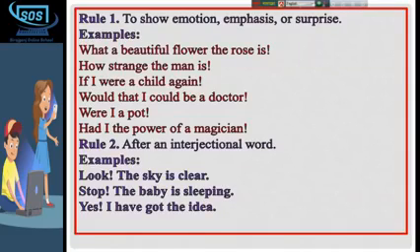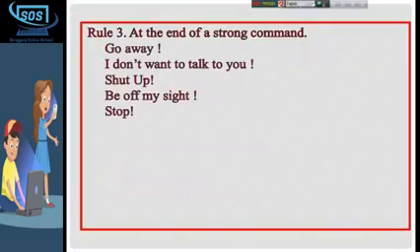Yes! I have got the idea. Look, stop, yes are interjectional words. So after an interjectional word, we should use exclamation marks.